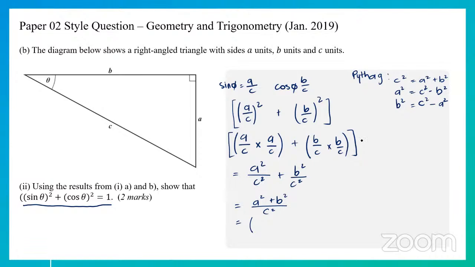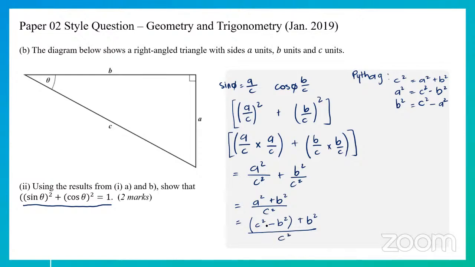So it's going to be C squared minus B squared, plus B squared, over C squared.